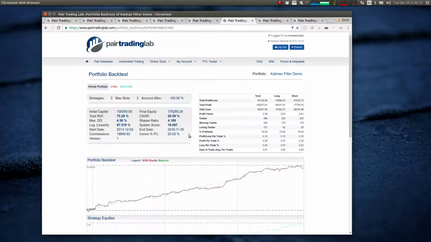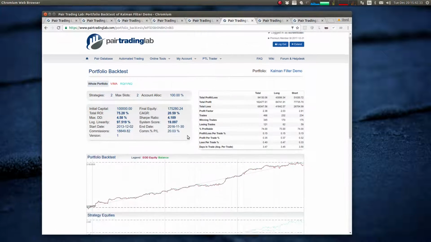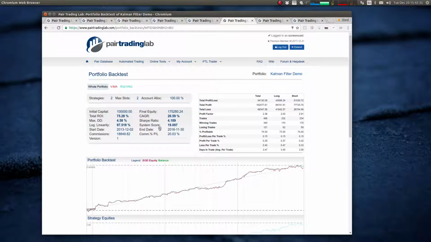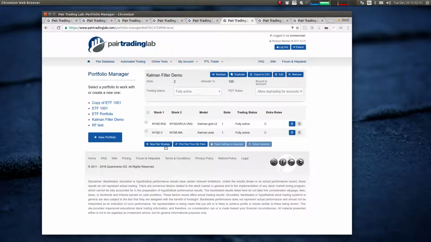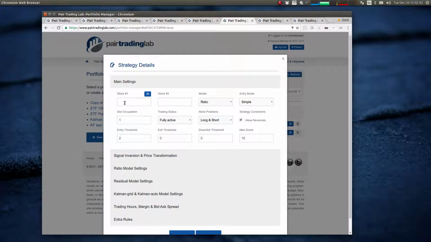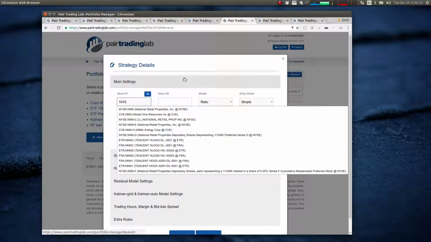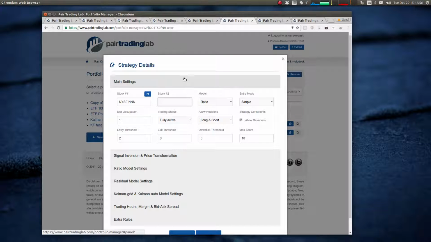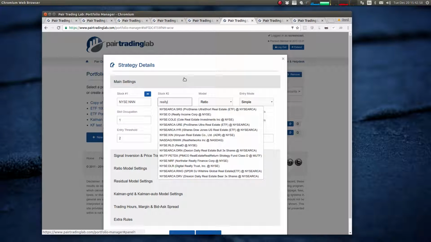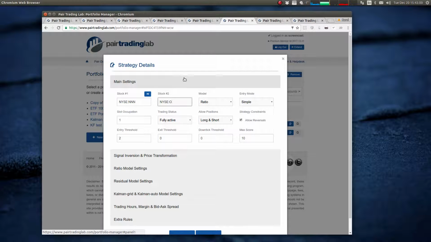We can even try to include one more pair. For instance, let's try another real estate fund called National Retail Properties together with Realty Income Corp.